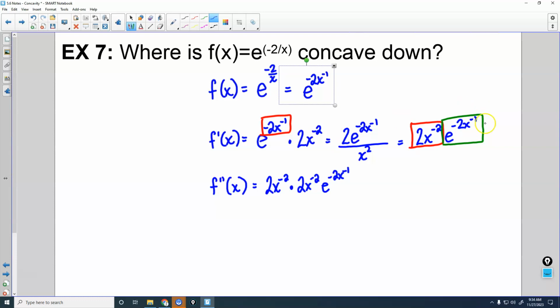Right? This is the derivative of e to the negative 2x to the negative 1. Plus e to the negative 2x to the negative 1 times the derivative of 2x to the negative 2. So that's going to be negative 4x to the negative 3.